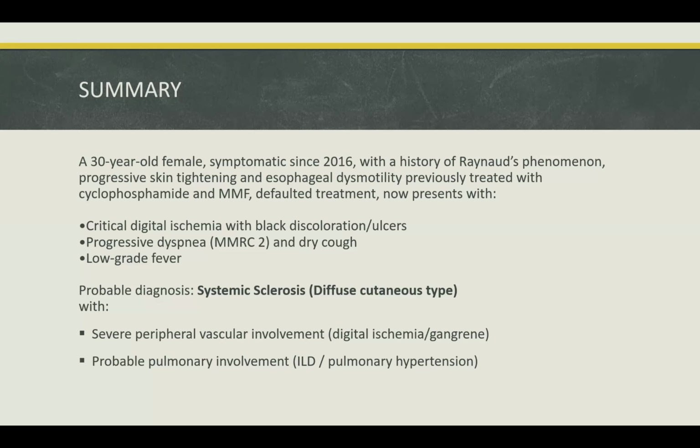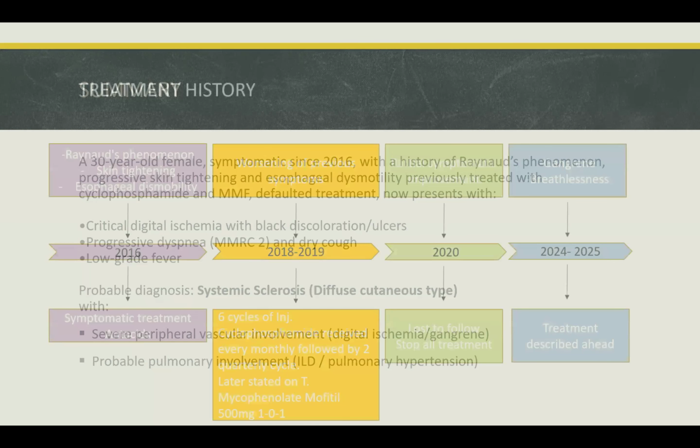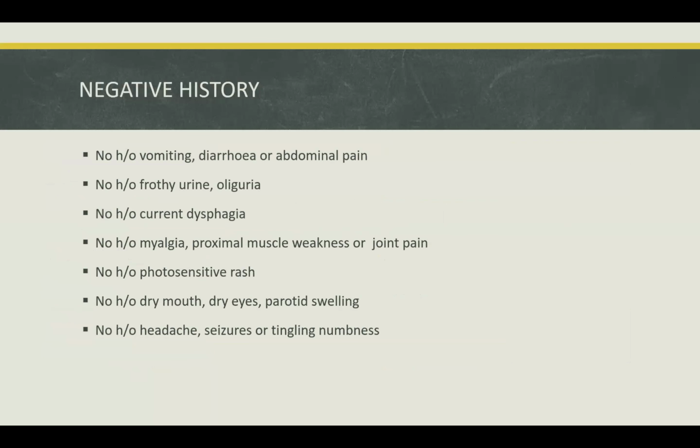Should I continue, ma'am? What was the negative history which you have asked? History of either organ involvement, like GI involvement or renal involvement, and any associated connective tissue disease symptoms. What are you suspecting apart from scleroderma? Are you suspecting anything else?